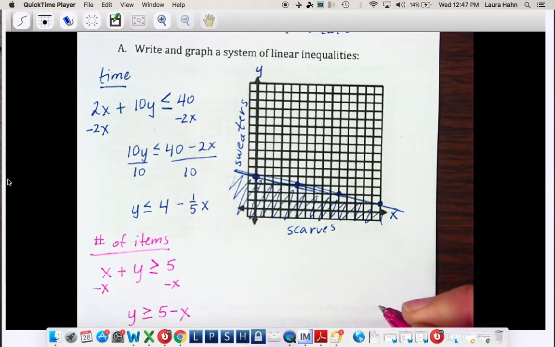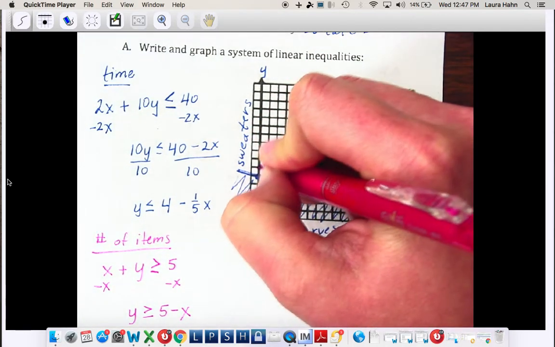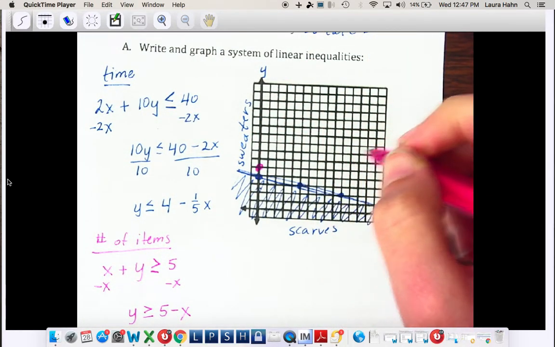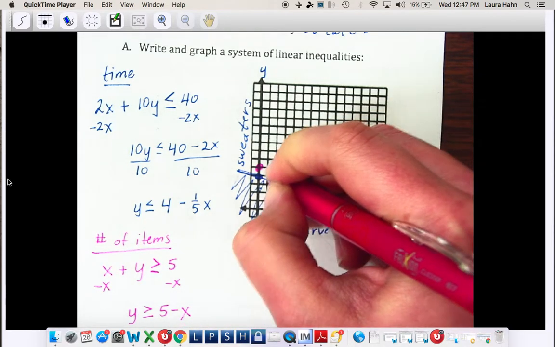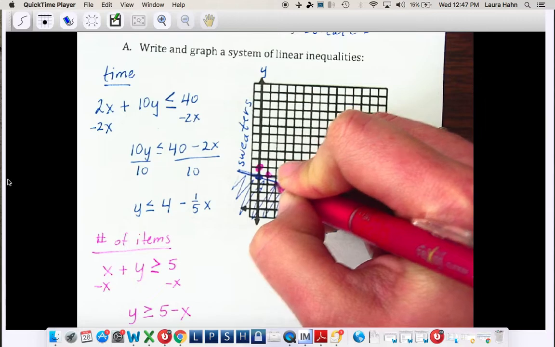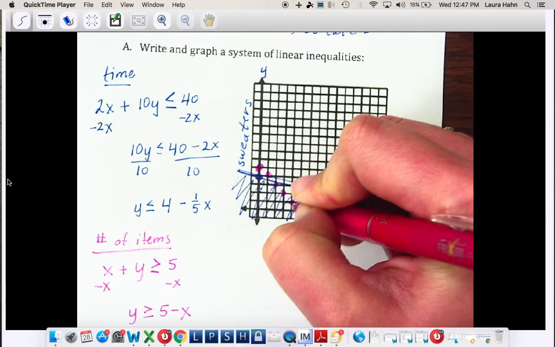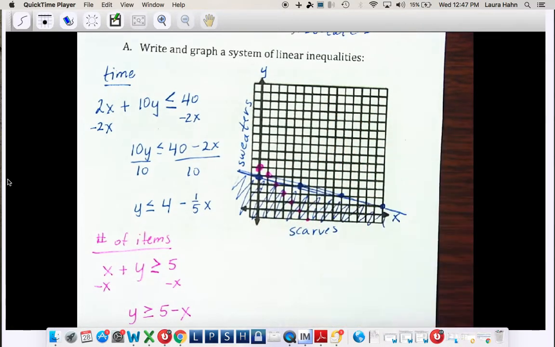So my y-intercept is at a positive 5. My slope is a negative 1, so I'm going to go down 1 over 1. The or equal tells me to use a solid line.